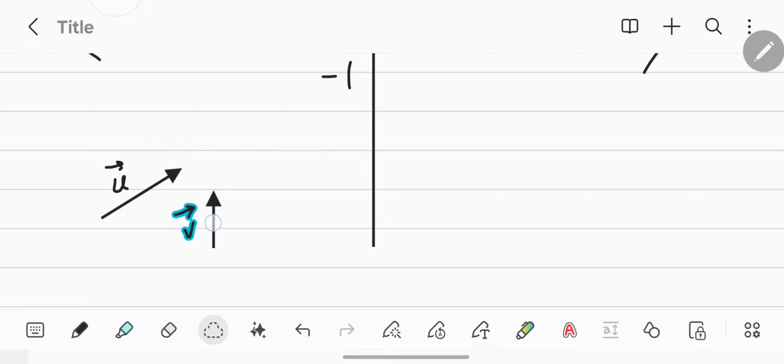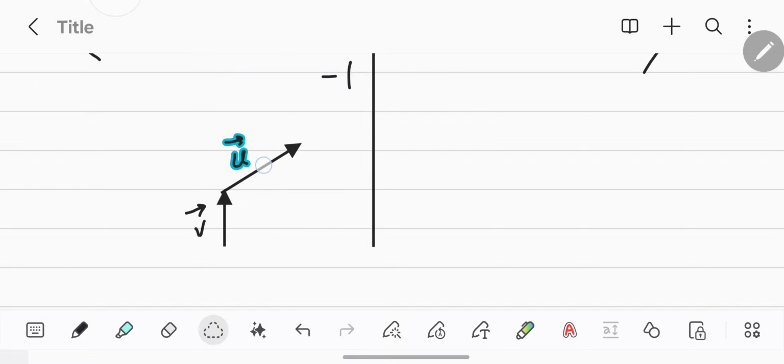This way, or put it here, shift it here and put it to the head of the other vector. Whatever you want to do, you can do that. Then you will make a new vector which starts from here and ends here. Okay, so this vector is called u plus v.